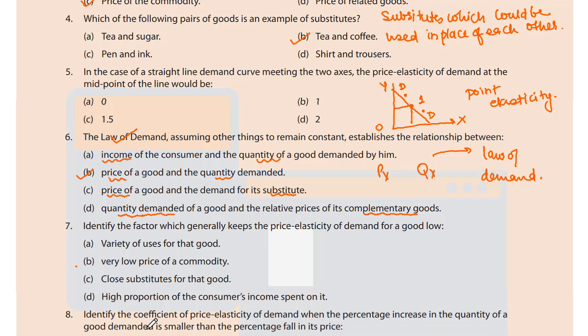Over here, the answer would be B. How come? Because if the price of the product is very low, in that case, the price elasticity of demand would also be low. Because the price is very low, the elasticity of demand would be very low.